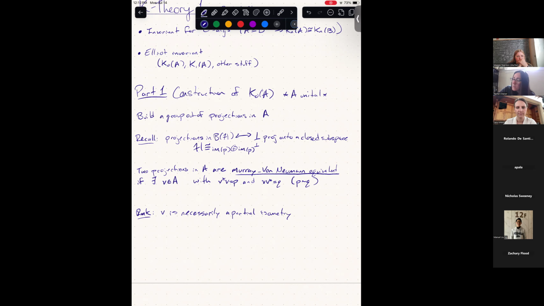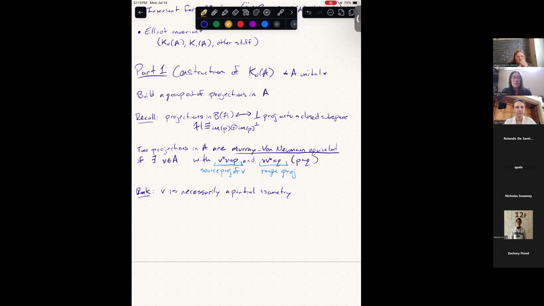And we give names to P and Q relative to V. P is the source projection, and Q is the range projection.